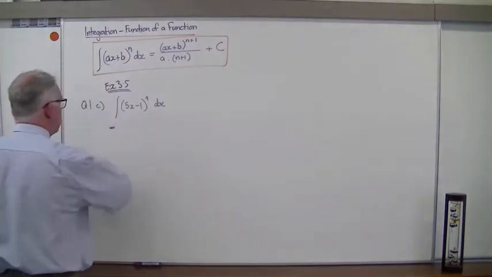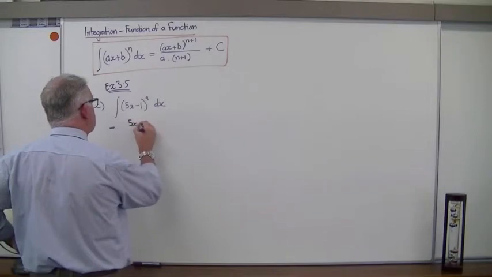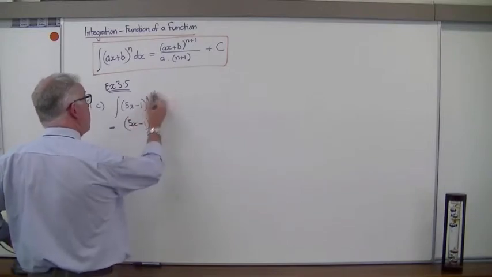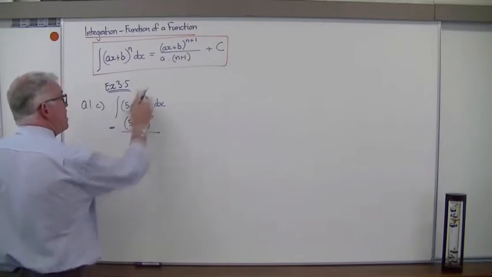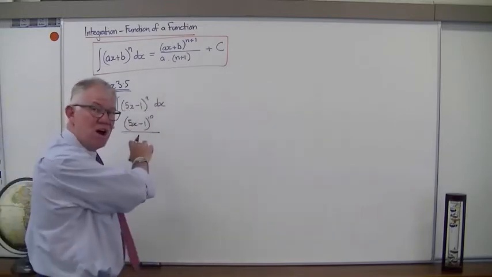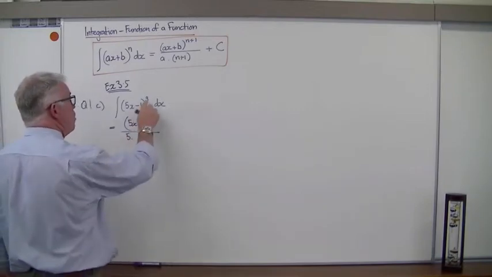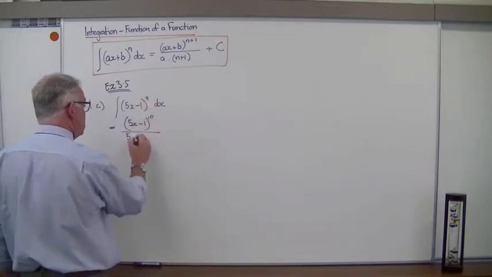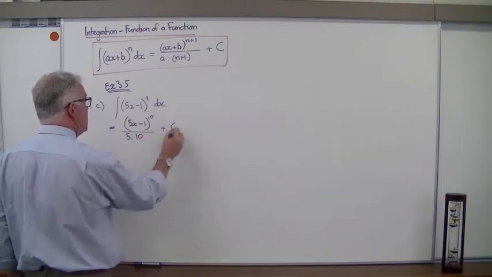So following that template, we'll end up having (5x - 1) to the power of 9 plus 1, which is 10, all over. The value of a in this expression is 5, so we'll put 5 down in the denominator, and the value of n plus 1 is 10, so we'll multiply that by 10, and then we'll have plus c.